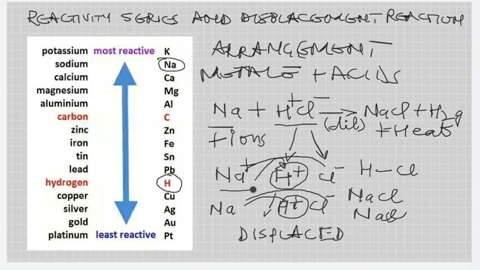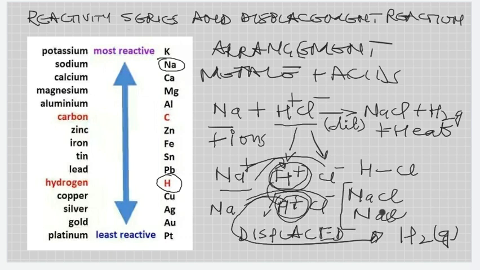So from this second reaction also we have got one hydrogen ion, and here also we have got one hydrogen ion. Now both of these hydrogen ions combine together and form hydrogen gas, right? And we also have two molecules of sodium chloride, right? I hope you've understood why sodium reacts with hydrochloric acid.